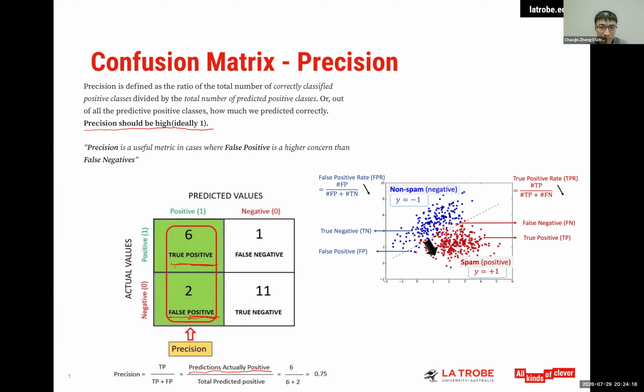So let's get back to the email example. We have known that when precision is high, that means when the model flags an email as spam, the email will almost certainly be a spam email. What if the precision is low?